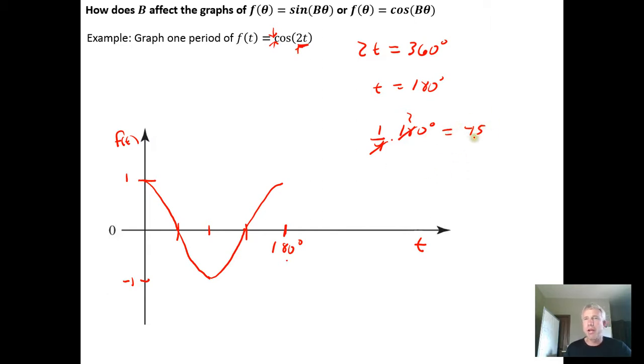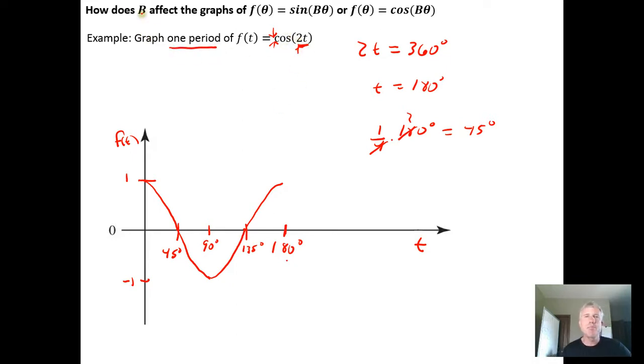So 1/4 of 180 degrees is 45 degrees. So these tick marks are at the 45 degree mark for the first one. 2 times 45 degrees is 90 degrees. 3 times 45 degrees is going to be 135 degrees, and 4 times 45 degrees is 180 degrees. So there is one period of the graph of this cosine function.